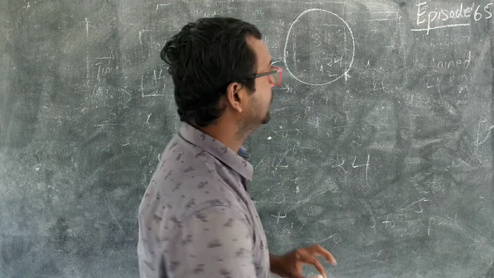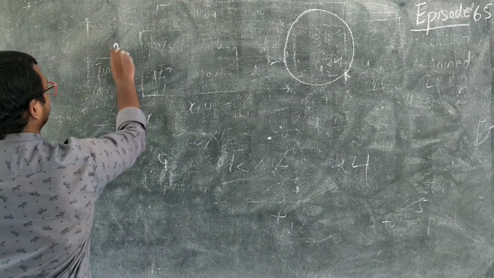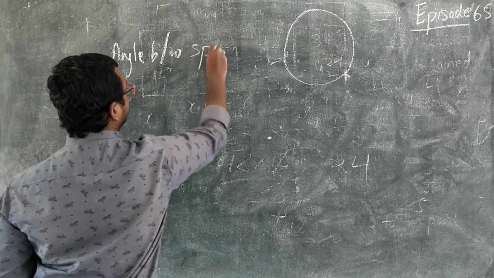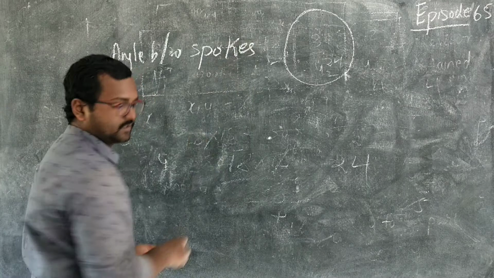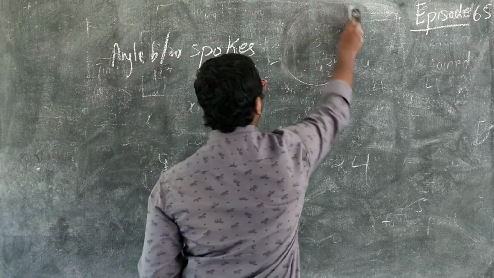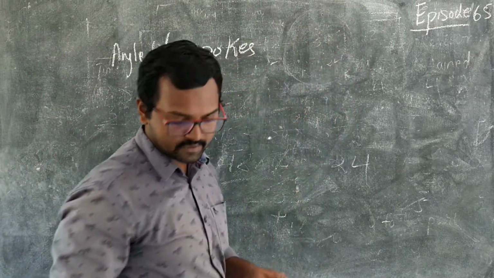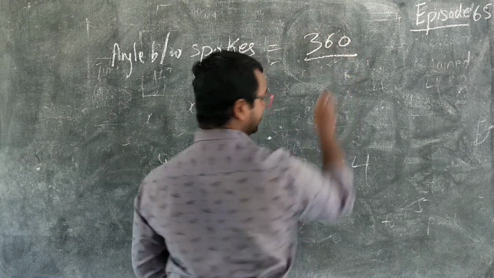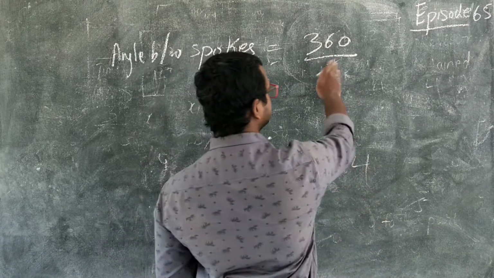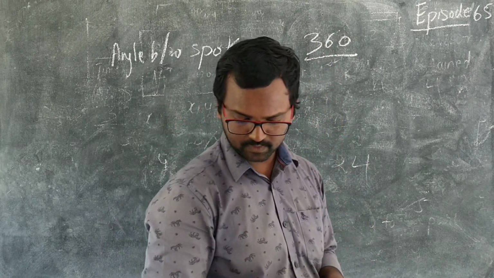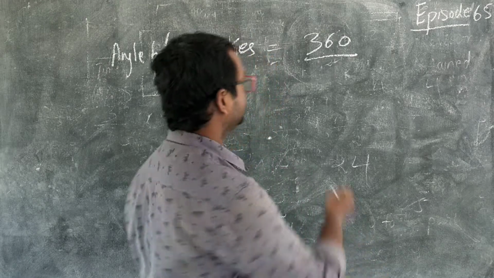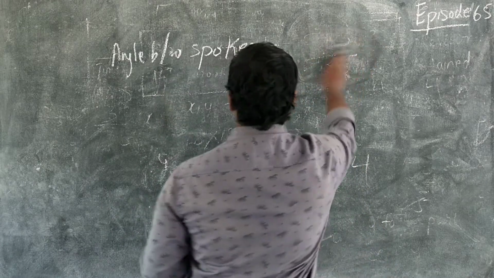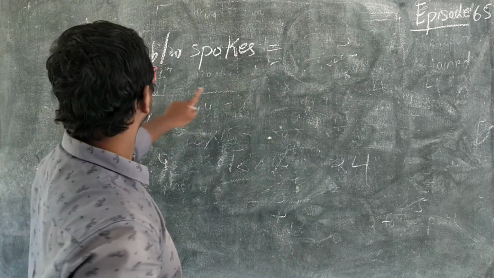There is a formula: angle between spokes is equal to 360 by 4, or 6, or whatever the number of spokes is.